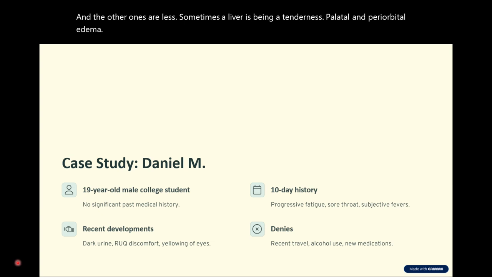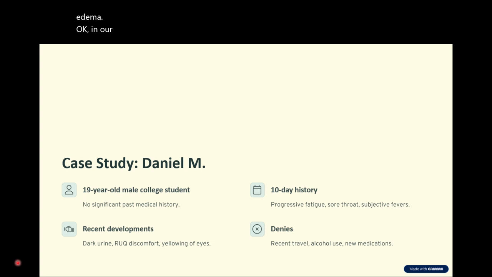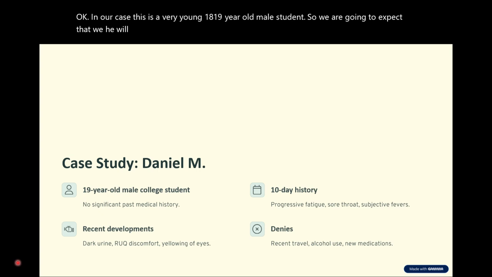Okay, in our case, this is a very young 18 or 19-year-old male student, so we are going to expect that he will present symptoms due to the glandular part of the disease, which is going to be characterized by pharyngitis and lymphadenopathy.